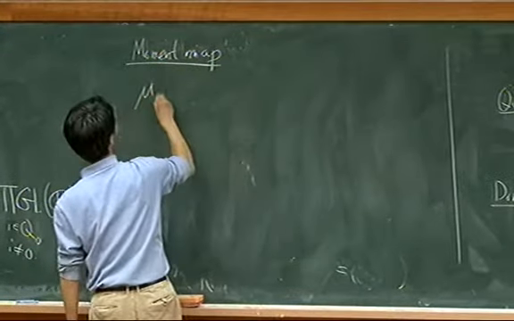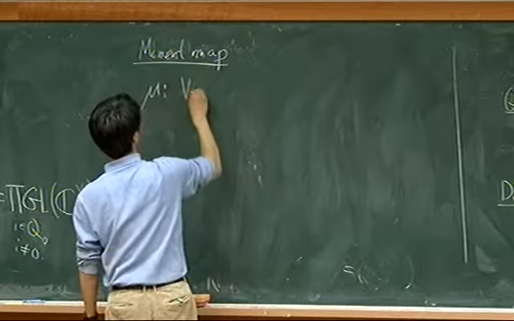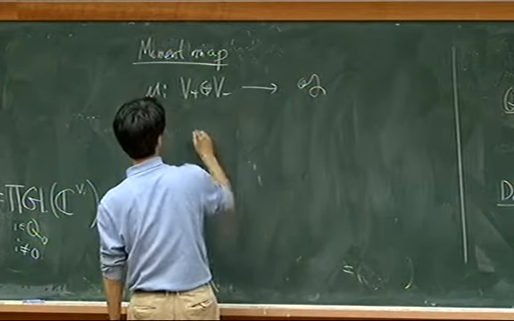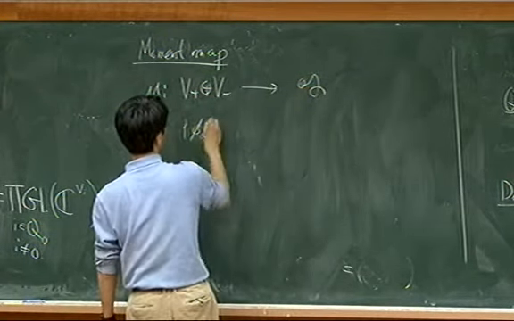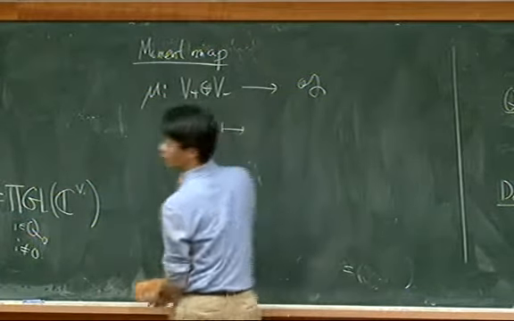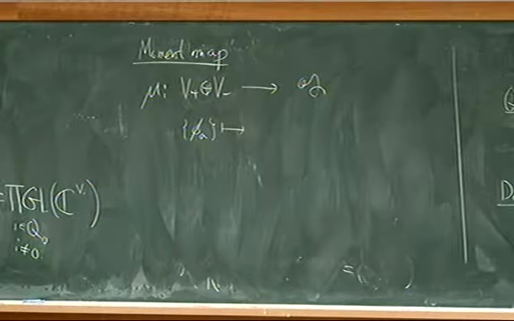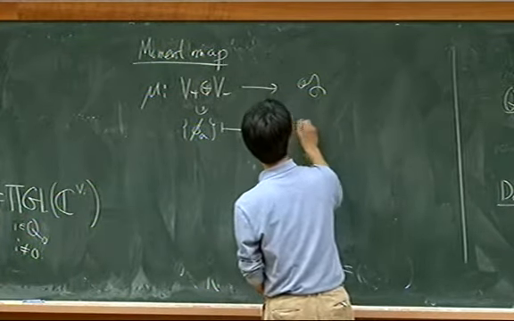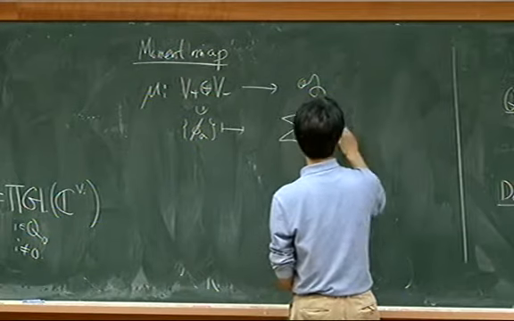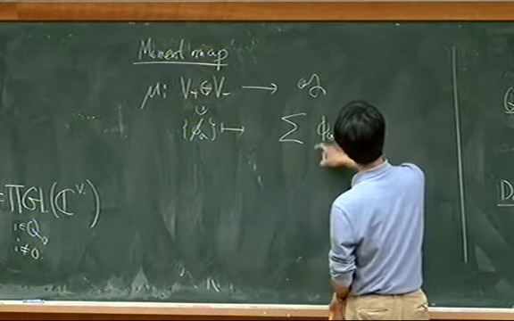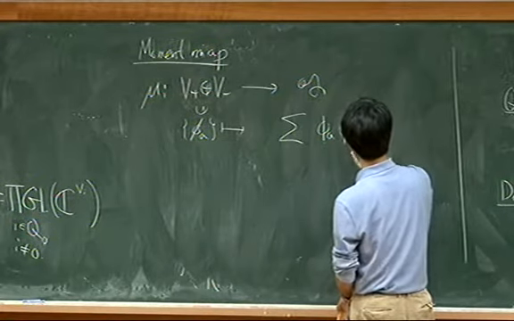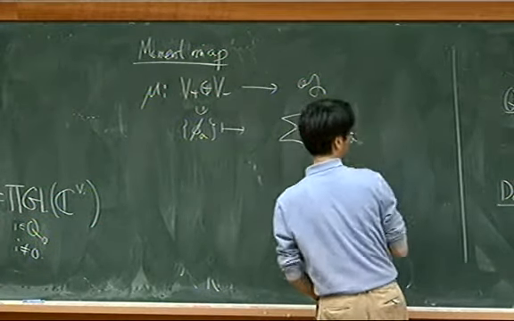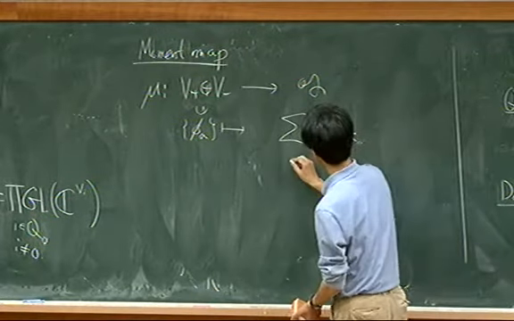So mu sends phi A to... phi A is a collection of matrices, so that's an element in here, and then just send it to the summation of phi A. So take just the matrix product of phi A minus phi A bar.